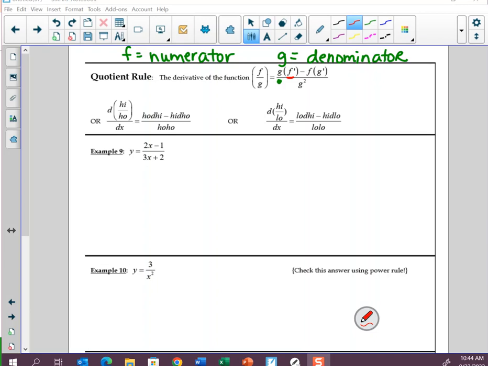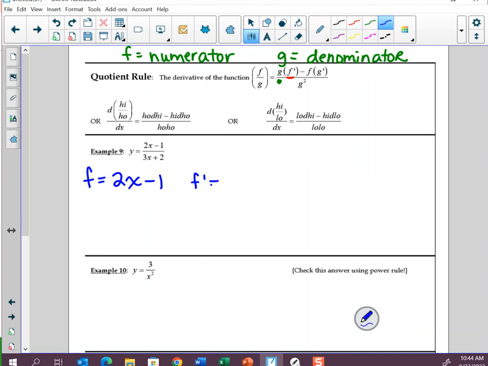So let's try it. Here's our function. I'm going to talk about the numerator, I'm going to talk about F. My F function, my top function, is 2x minus 1.